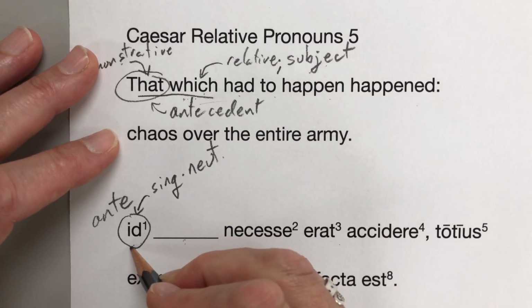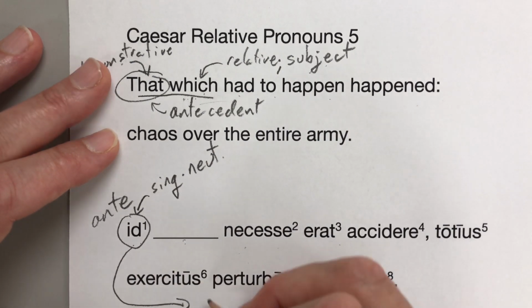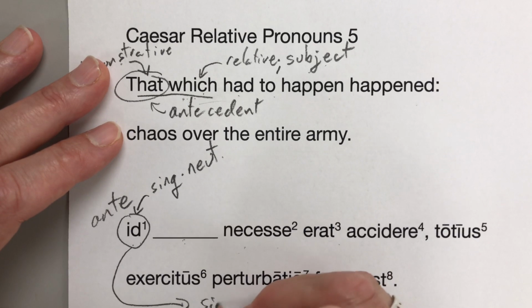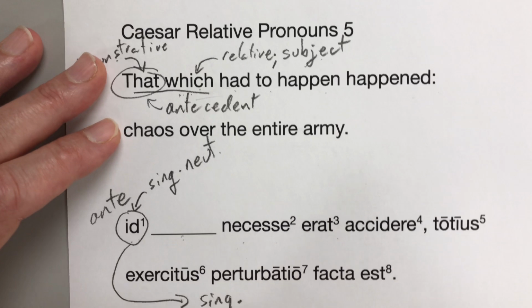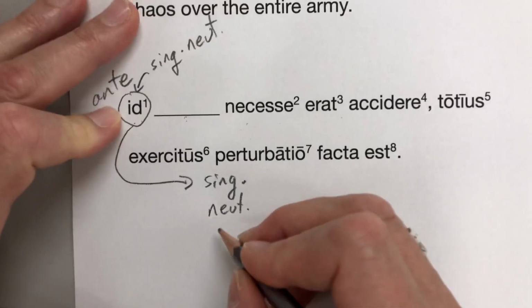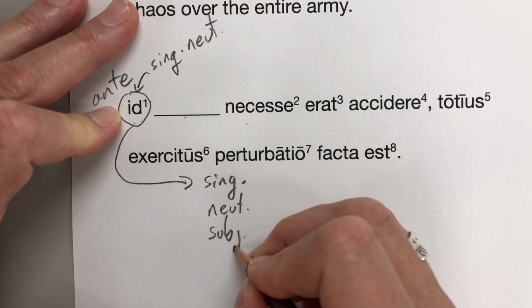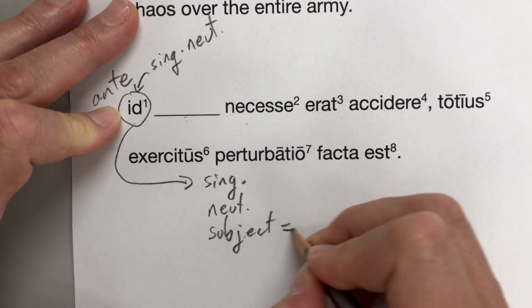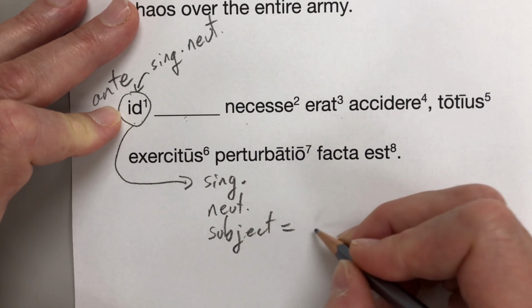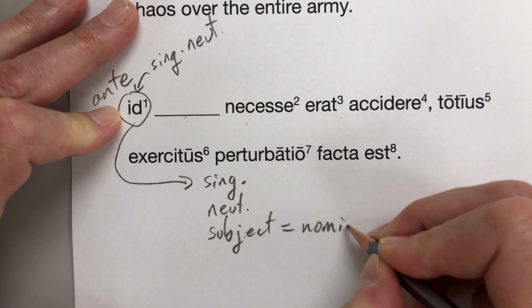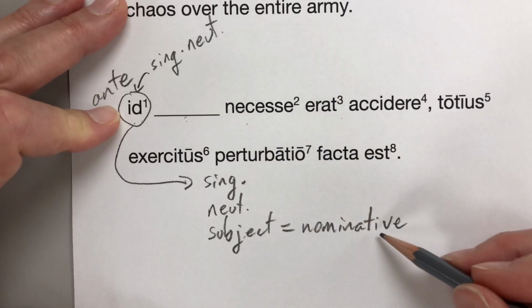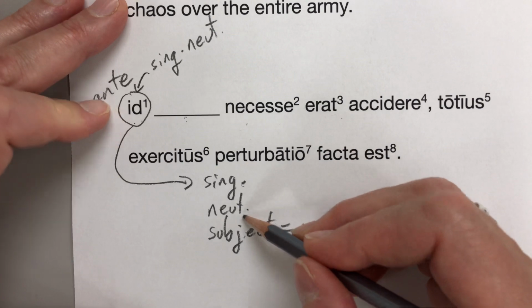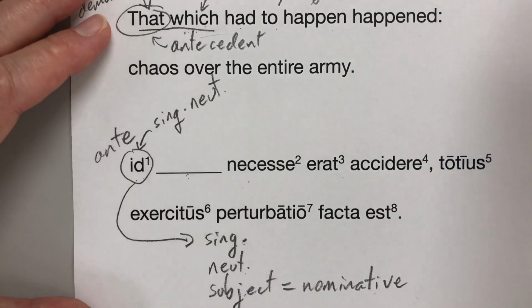All right. So if we bring this down here, we know that it is singular. We know it is neuter. And we know that is the subject. And the subject is always in what case? The nominative. So now we have all three dimensions, nominative, singular, neuter, of the relative pronoun.